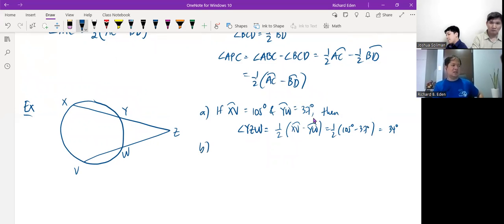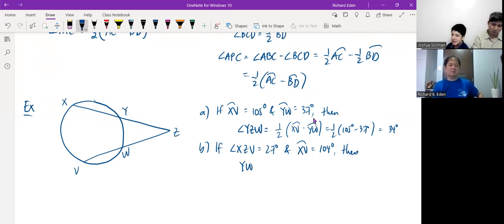Okay, and then letter B. If angle XZV is 27 degrees and arc XV is 104 degrees, then what is the measure of arc YW?